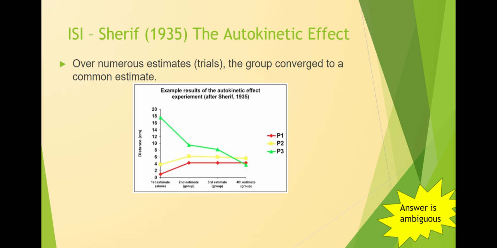When they were first asked to estimate alone, they had 3 very different answers. On the second estimate, they shared their ideas together as a group. And we could see the answers immediately conforming together. In the third estimate, they move even closer together, and by the fourth time, they are now, roughly speaking, the same answer. They've all decided to agree on the same answer.